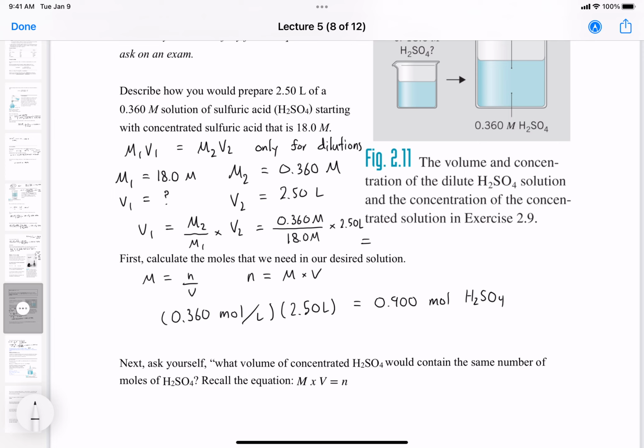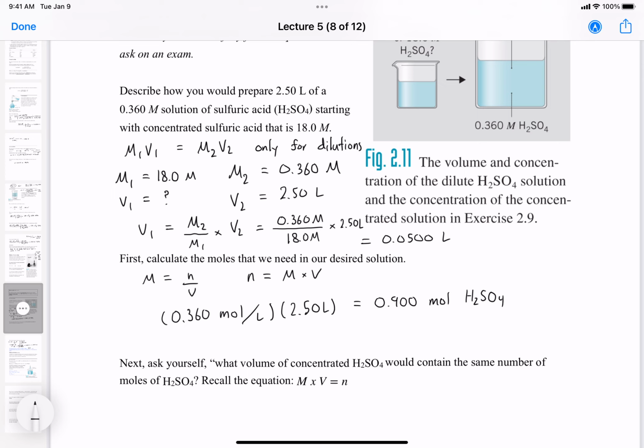And in this case V1, sorry, not V2, V1 will equal 0.0500 liters.